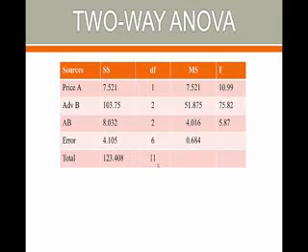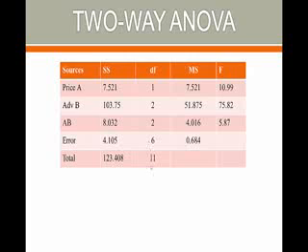And the total, we know it's the total number of observations, 2 by 3 by R, which is 12, minus 1. So all these can be obtained. Because I have my sums of squares and my degrees of freedom, I find my mean squares: mean square A, mean square B, mean square AB, and mean square error. And I can find the corresponding F values.